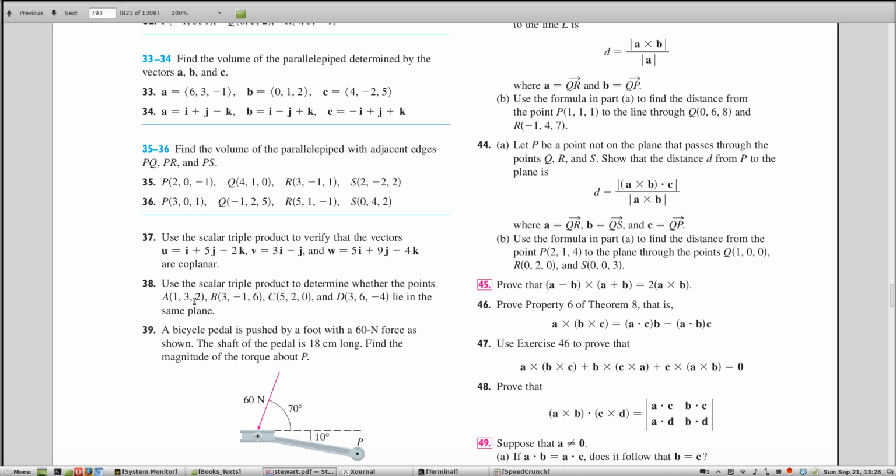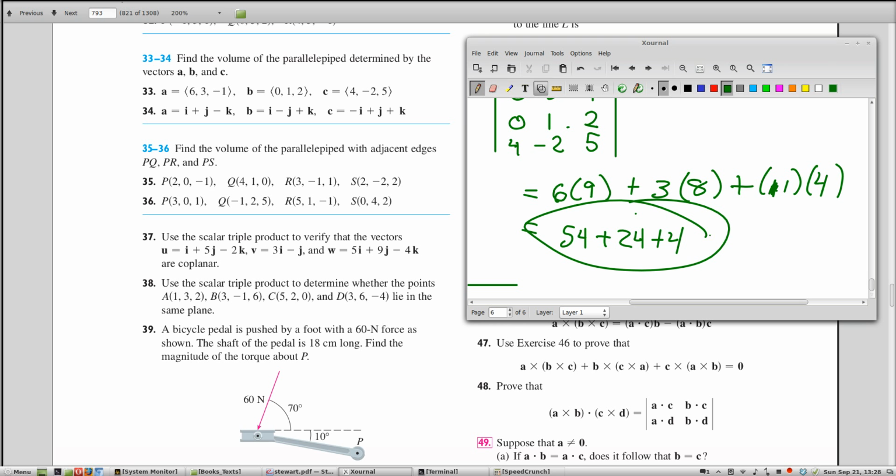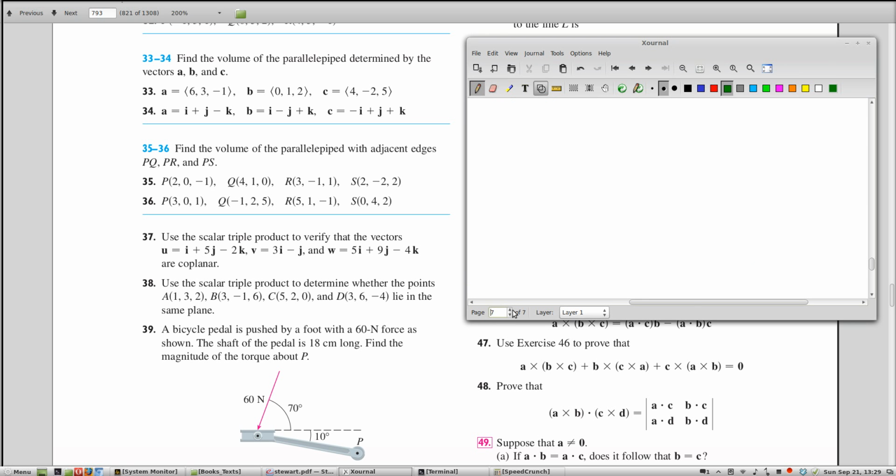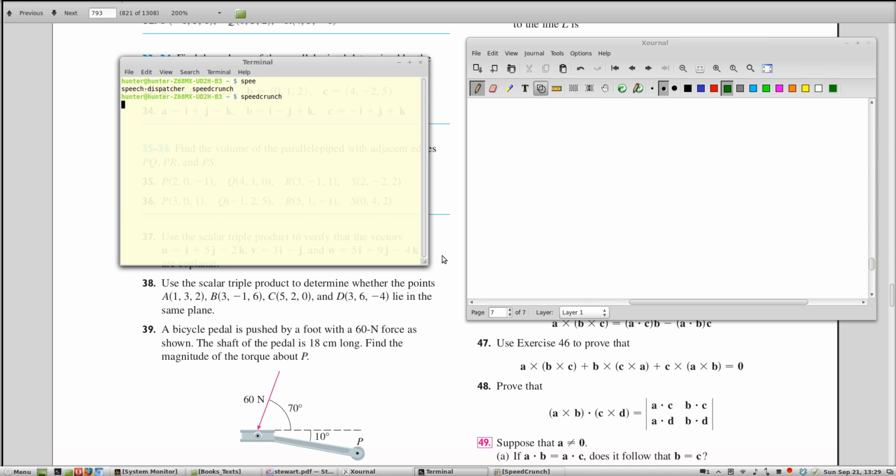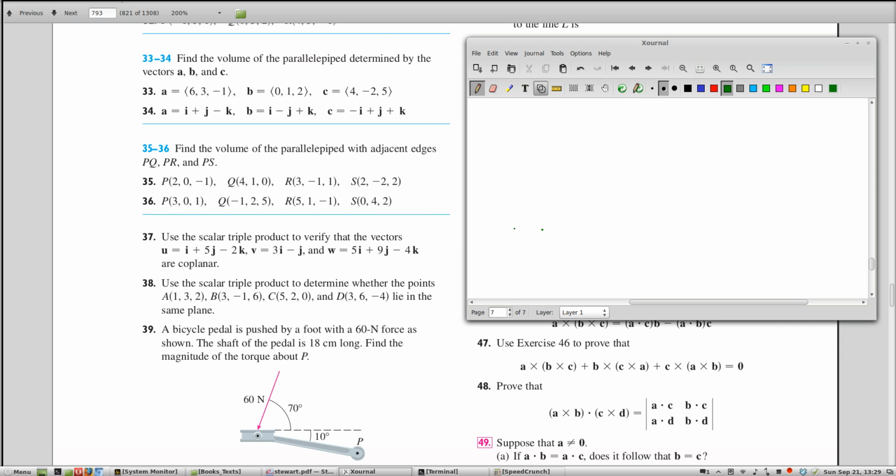Verify that the vectors are coplanar. How can you do that? So you've got 3 vectors here, and they're supposed to be coplanar. So if they all lie in the same plane, then the parallelepiped that they make will be totally flat. It will have no height.